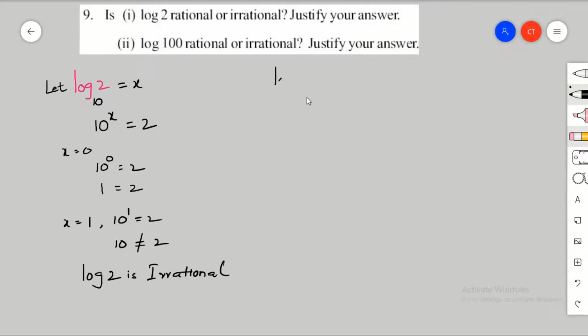So let us see. Log 2 base 10 is equal to, suppose it is rational. Then we can assume that it is equal to p by q, where q is not equal to 0 and p, q are co-prime.